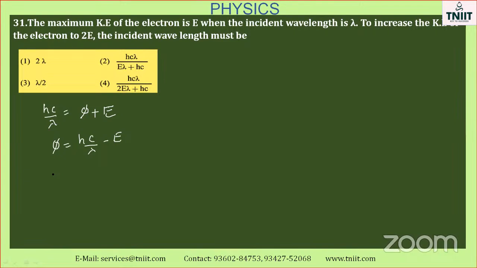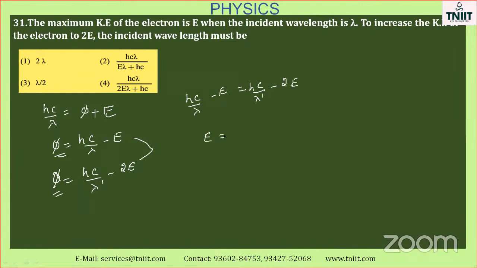Now they are telling that the wavelength is changed to lambda dash when the electron energy becomes 2E. So Hc by lambda dash minus 2E. So on equating these two equations, because both are work function in the LHS, Hc by lambda minus E is equal to Hc by lambda dash minus 2E.